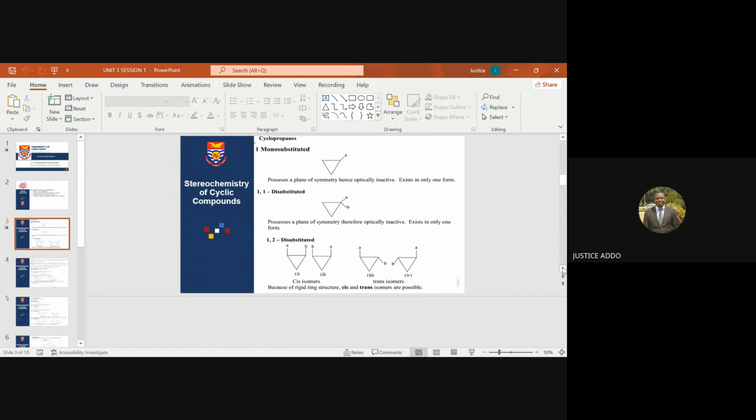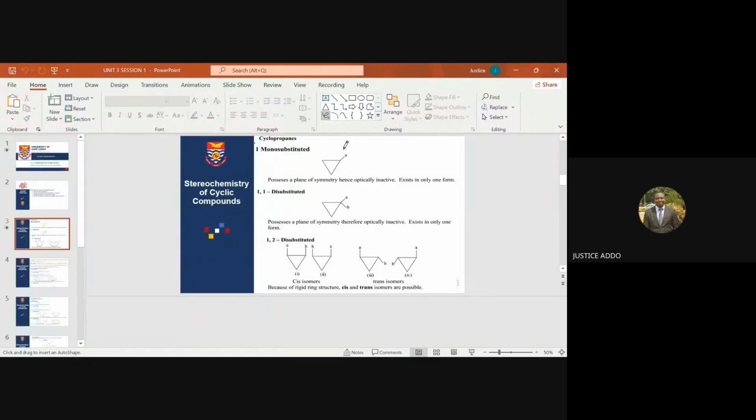So let's take the cyclopropanes. Cyclopropane has 3 carbons in a ring form. And so you can see over here a 3-member ring with a substituent lettered A. So this is a mono-substitution because there's only one substituent on it.